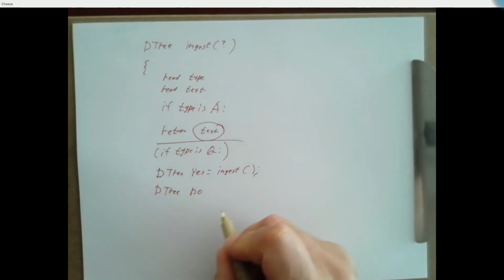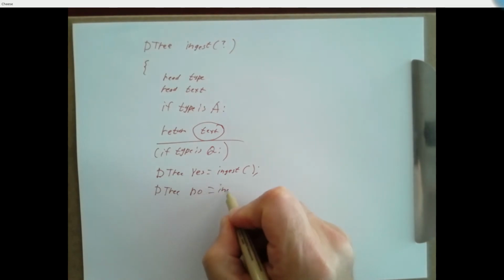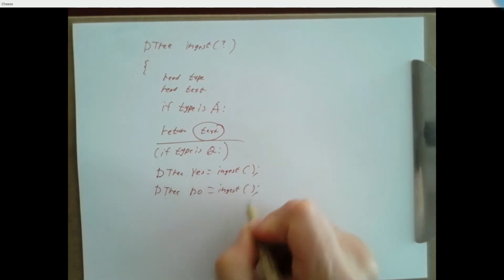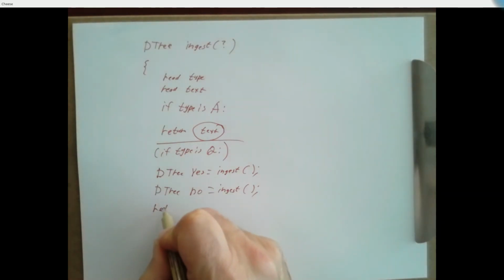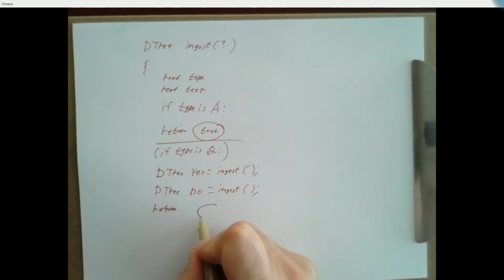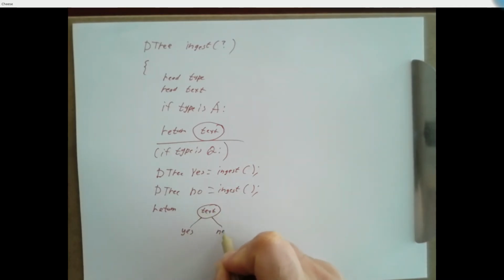And then I'm going to make another D tree called no, and I'm going to say go ahead and ingest from the file, and whatever tree ingest returns, that's going to be my tree called no. And then I'm going to return a node containing text with a left child, which is yes, and a right child, which is no.